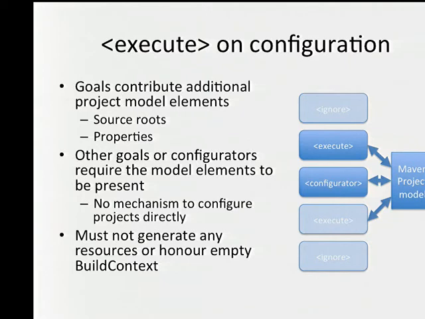So for example, if you have a Maven plugin that introduces new compiler source roots to the project, they are added to the Maven project model, and this is where the m2e JDT configurator will find them. And this is how additional source roots, source folders in JDT terminology, will be created for your Workspace project. But during this configuration build, Maven plugins are not expected to create any resources because this will confuse m2e.